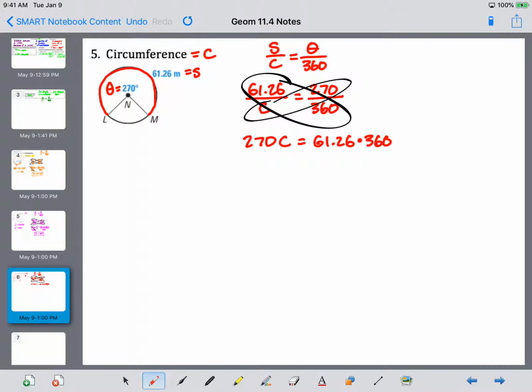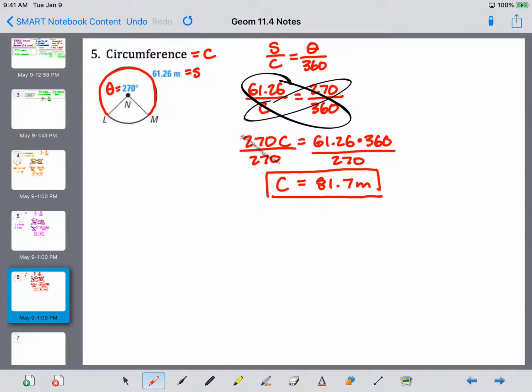We are trying to get C by itself, so let's divide by that 270 out front. So these will cancel, and if you plug in 61.26 times 360 and divide that by 270, you'll get 81.7 meters. All right, and again, that makes sense. It's got to be bigger than 61.26 because our circumference better be bigger than the arc length.